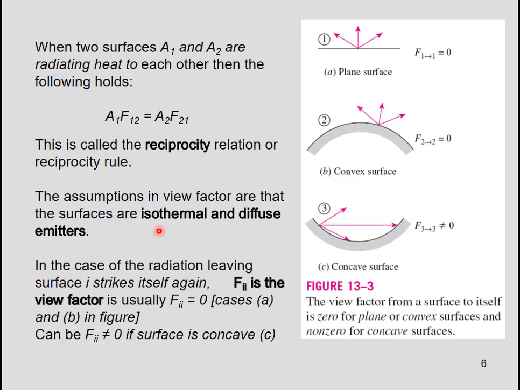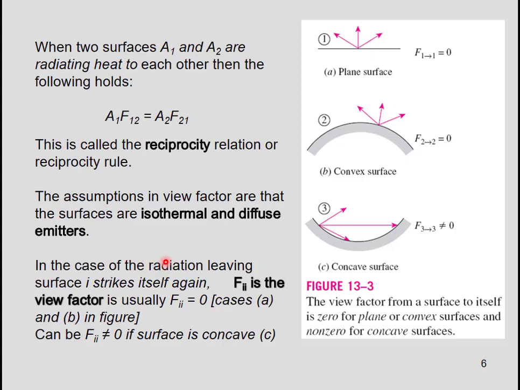Also, the surface is a diffuse emitter. As I said before, we imagine the surfaces we are dealing with, for which we are going to calculate the radiation heat transfer, are diffuse emitters.